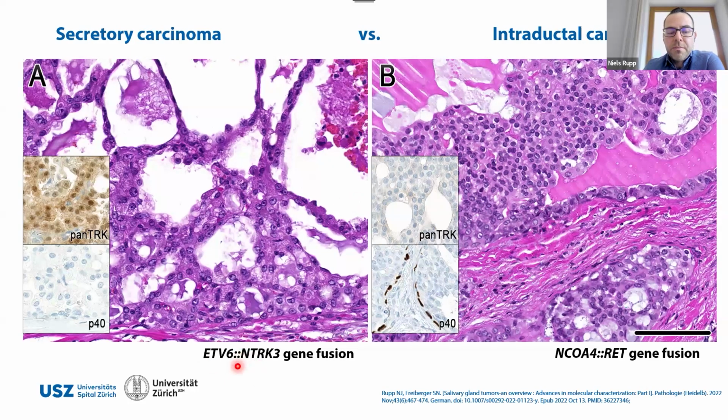So there can sometimes be ETV6 RET or ETV6 MET fusions or something. And these cases are then negative for the pan-Trk immunohistochemistry. So a negative pan-Trk immunohistochemistry does not rule out for sure a secretory carcinoma, as there are some variants with different fusions, but it's very rare. It's below 5%.